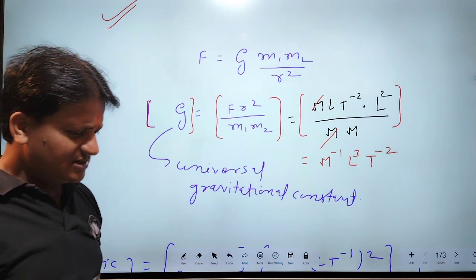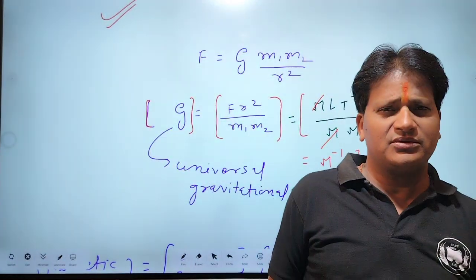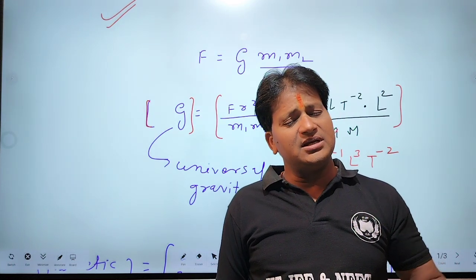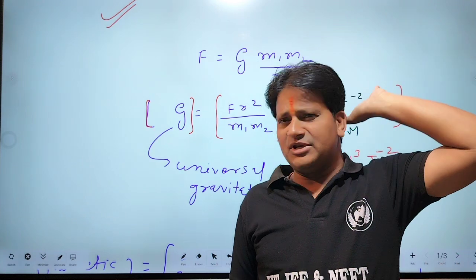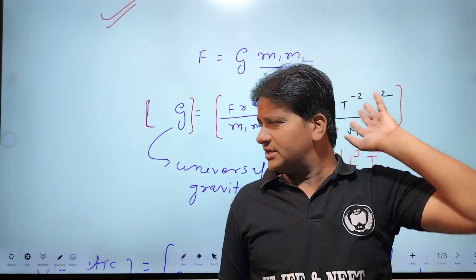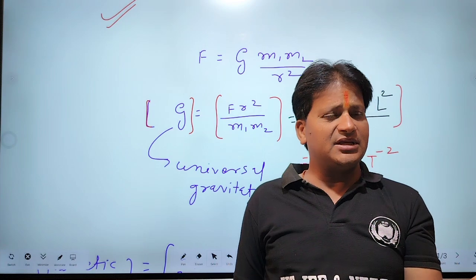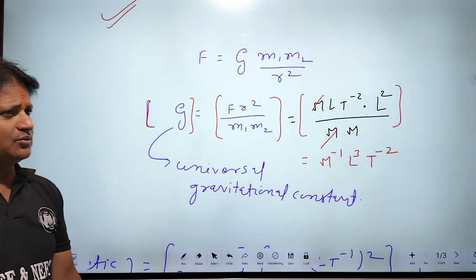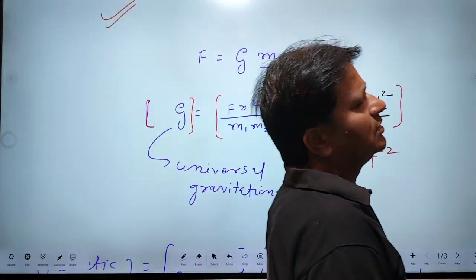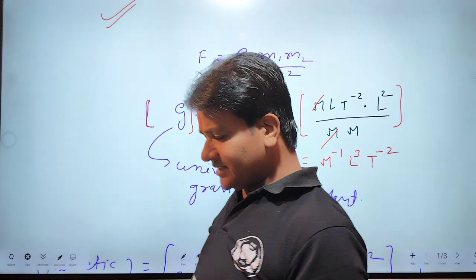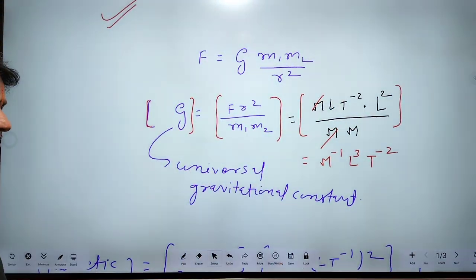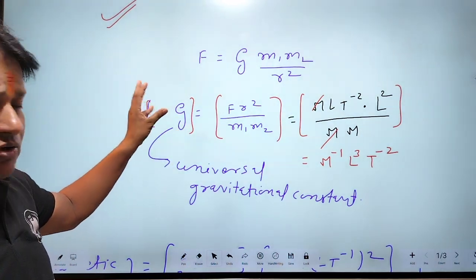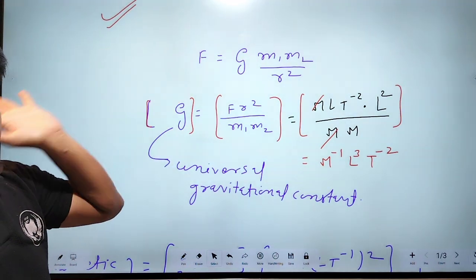Universal means its value does not change in any medium. Its value will remain the same in all types of medium. If you go to other planets such as Mars, Jupiter, etc., the value of universal gravitational constant does not change.